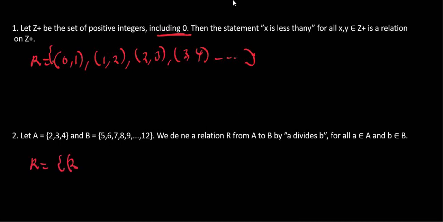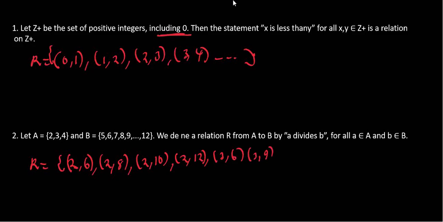Which numbers in B can 2 divide without a remainder? It's 2 comma 6, 2 comma 8, 2 comma 10, 2 comma 12. What else? 3 comma 6, then 3 comma 9, then 3 comma 12. Those are the numbers that 3 can divide without leaving a remainder. How about 4? 4 can divide 8, and 4 can divide 12 without a remainder. That's what they're looking for.